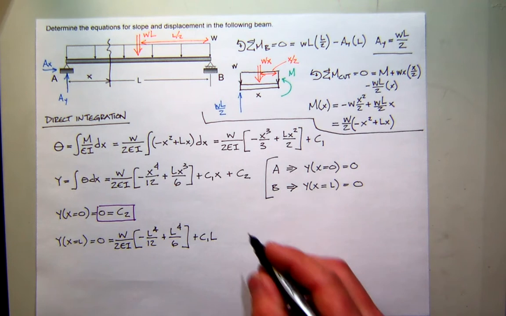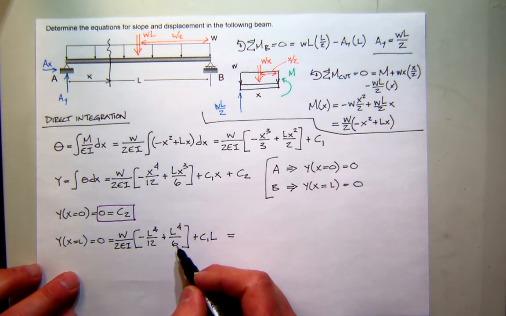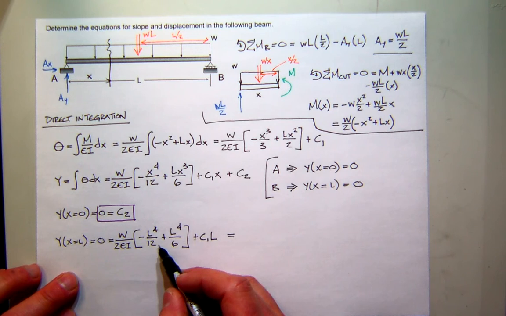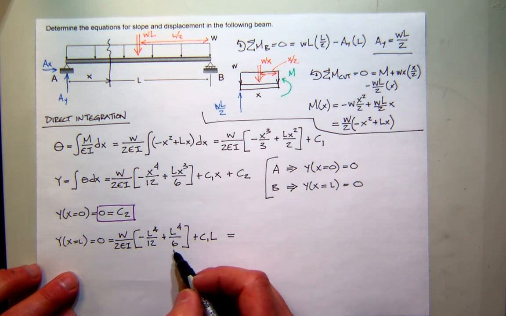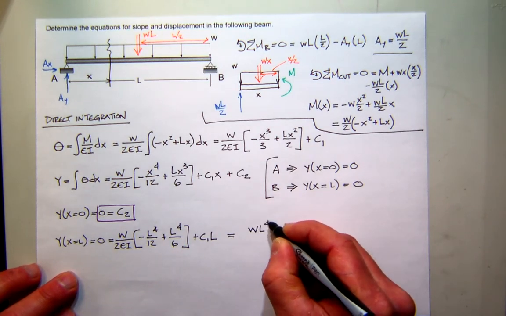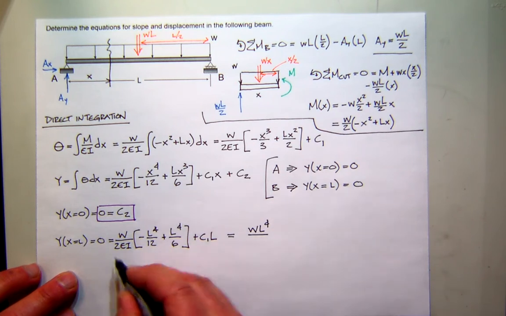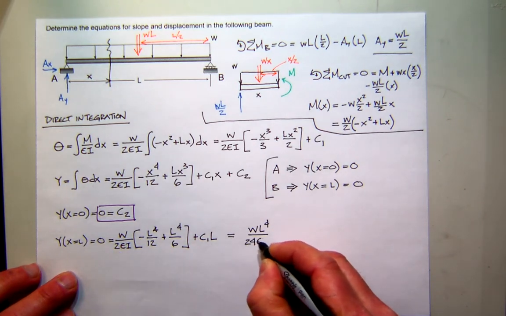So let's see. I'm going to rewrite that again. So let's look at this term first here. I'm going to put everything in terms of 12. So I've got negative 1/12 plus 2/12. That should just give me a positive 12th. So I have W L to the 4th, 12 times 2 is 24 EI.